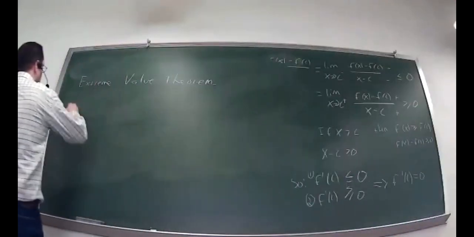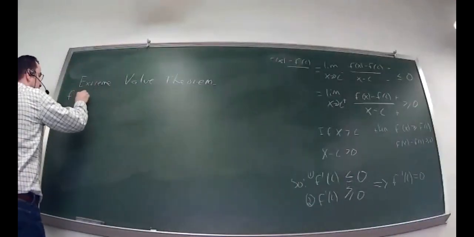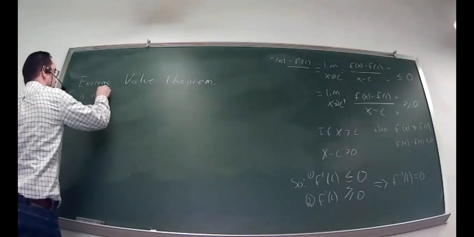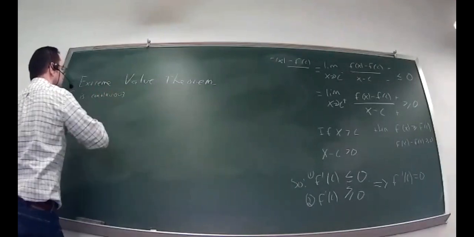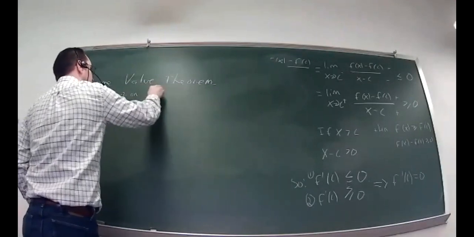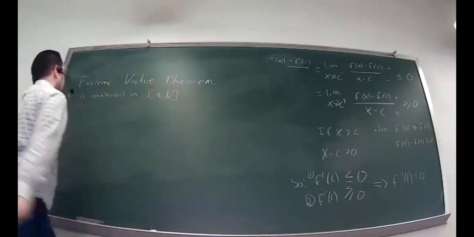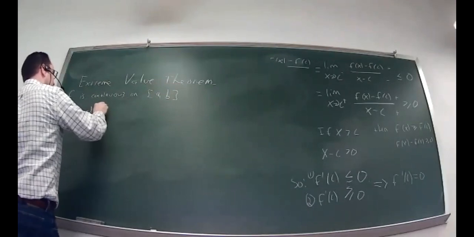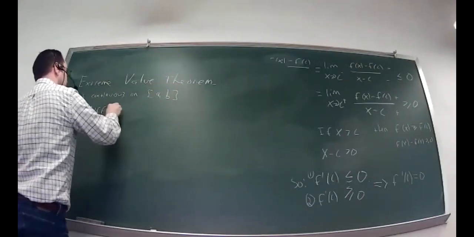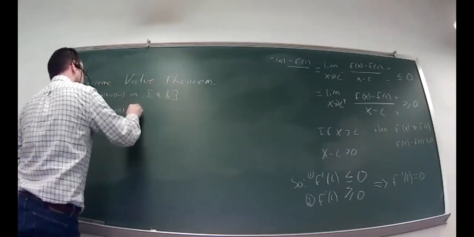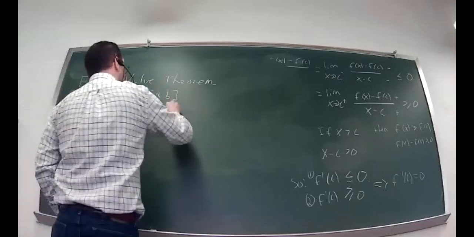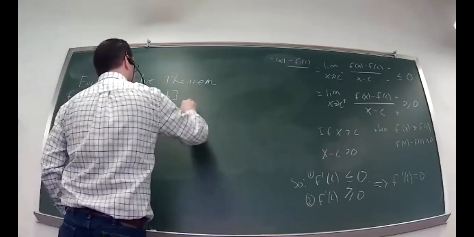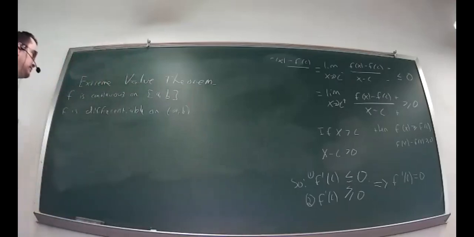So it says the following. Suppose that f is a continuous function on a closed interval from a to b. Suppose that f is differentiable on the open interval from a to b.